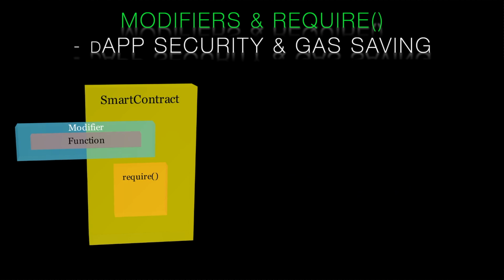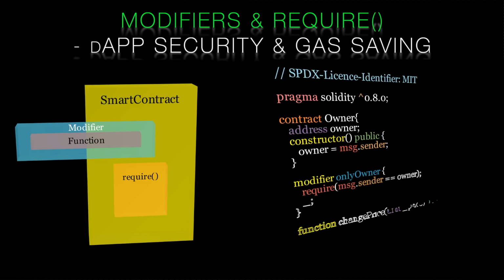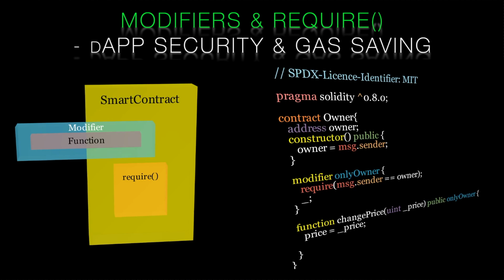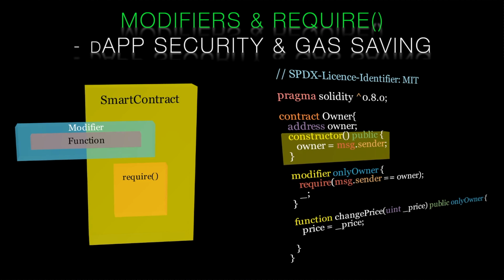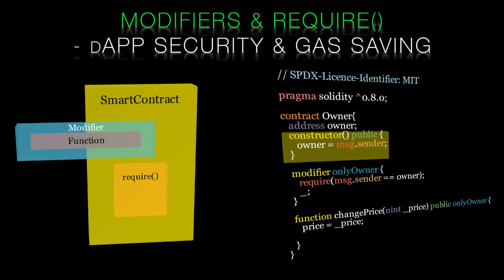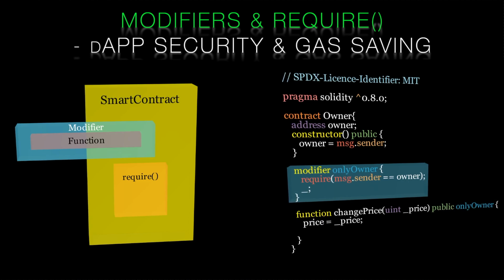The code on your screen shows a simple example of this modify and require functionality. When the code is deployed, the constructor sets the contract owner variable to the account of the contract deployer. The only owner modifier asserts that the caller of any function that implements this modifier must be the contract owner.